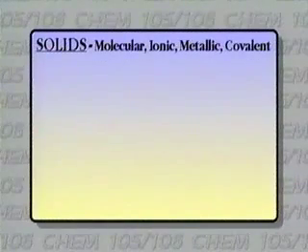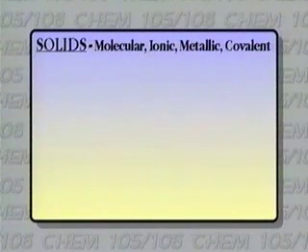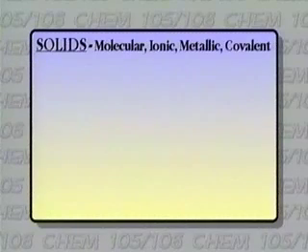Well, just about out of time here, but let's go ahead and mention just quickly, in our next lecture, we're going to spend additional time looking at solids and some of the intermolecular forces there.